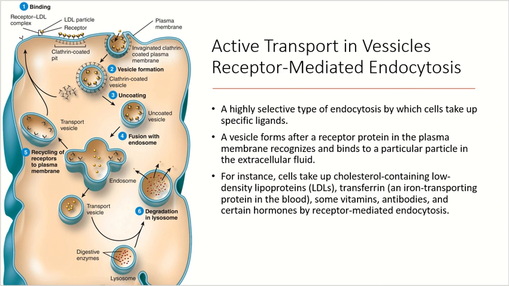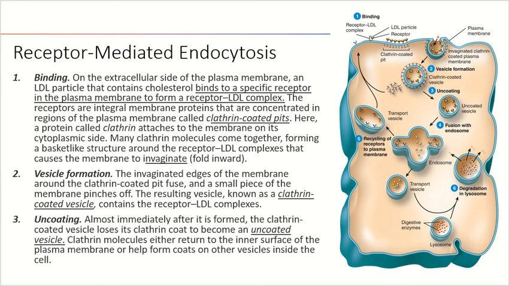So for the steps of receptor-mediated endocytosis, for step 1, we have binding. In this instance, our LDL particles are going to bind to a specific receptor in the plasma membrane to form a receptor-LDL complex. So we've got our LDL receptors and our LDL particles, and they bind.